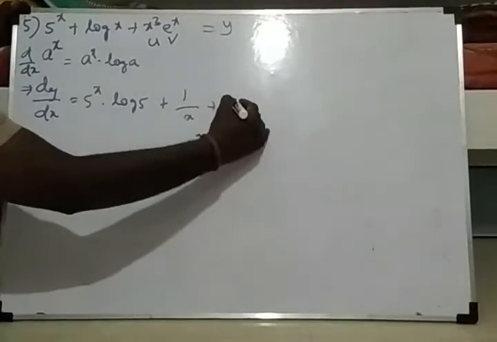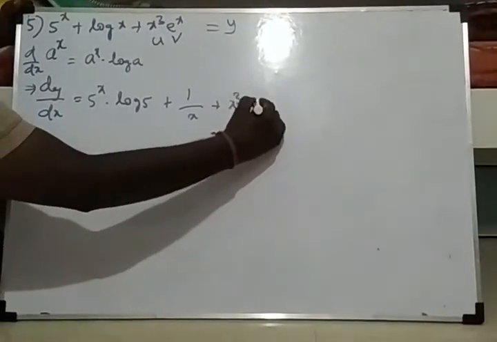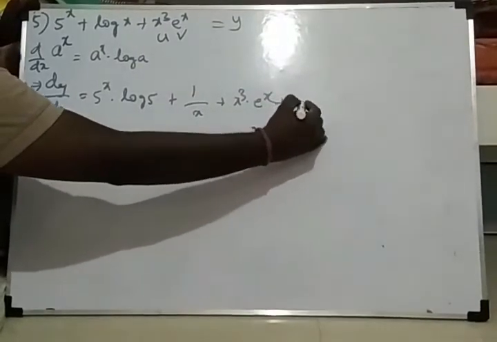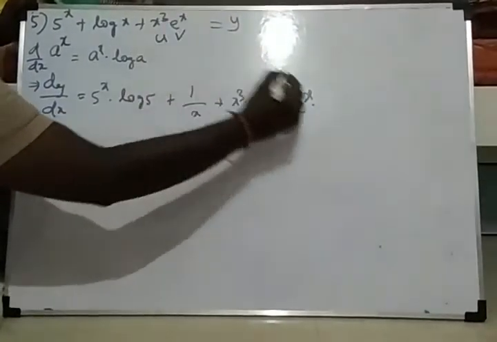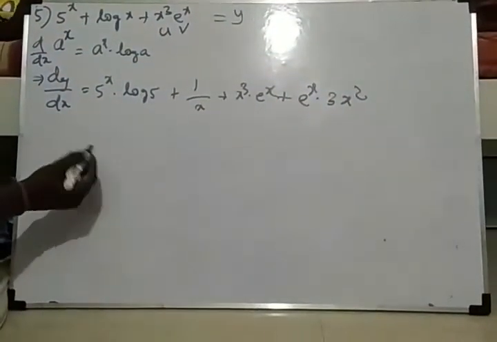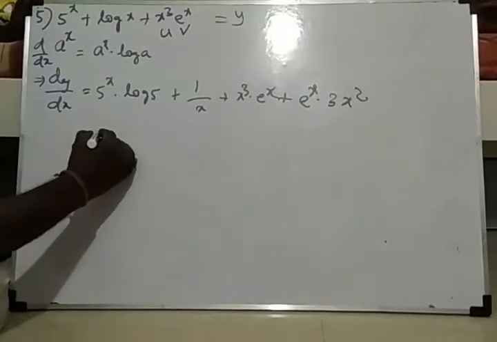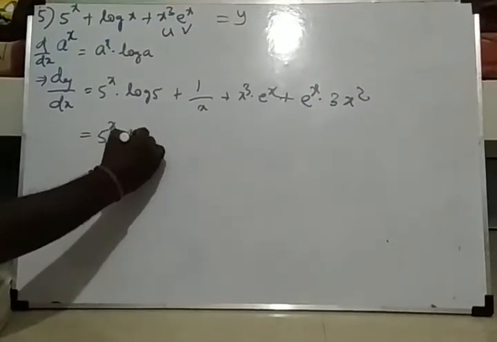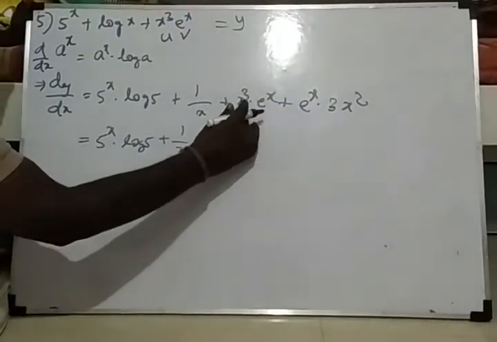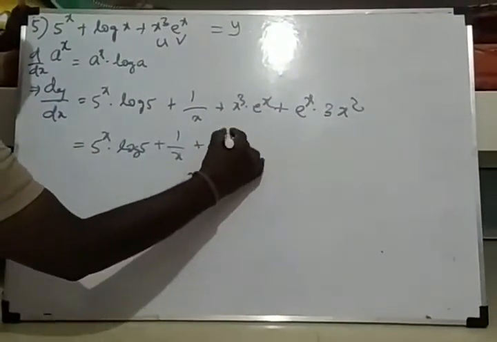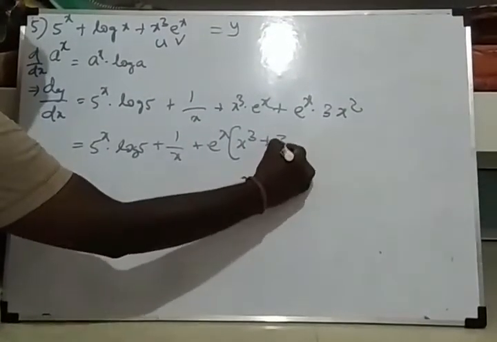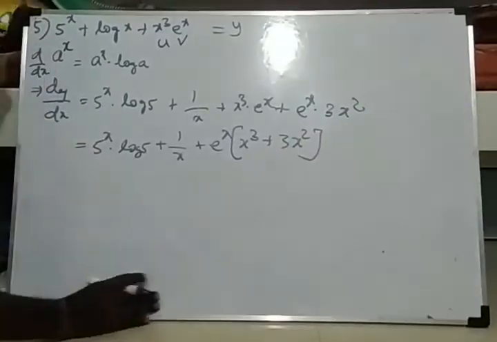Plus uv formula again here, x square into ex, differentiation of ex remains ex, plus e to the power of x into differentiation of x square. Sorry, it's x cube, so 3x square. So simplifying, 5 to the power of x log 5 plus 1 by x, plus there is common e to the power of x, which is x cube plus 3x square.